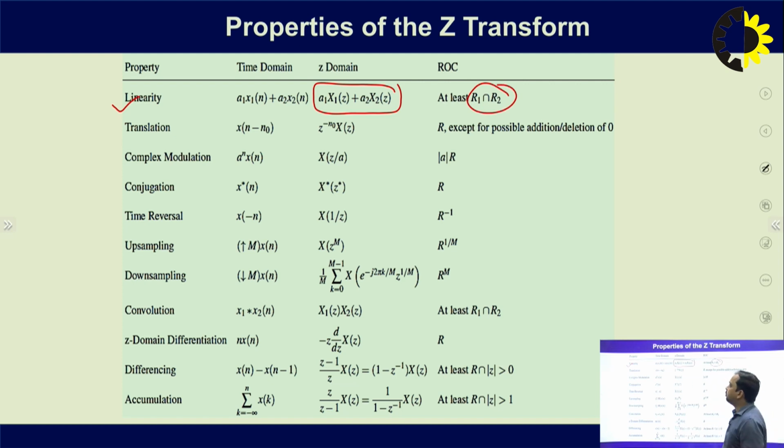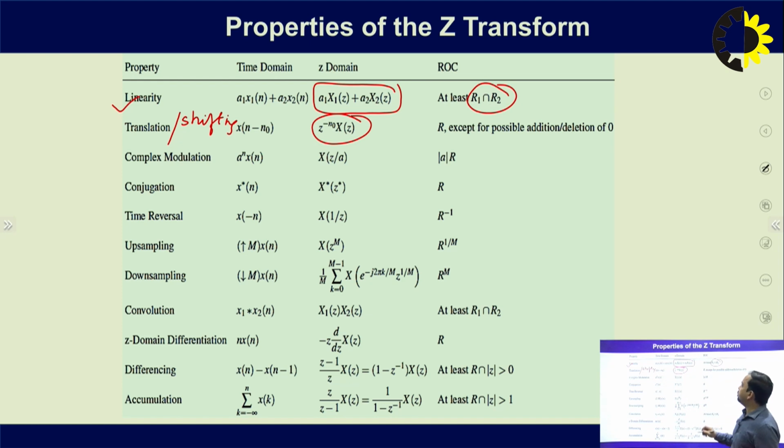Next is the translation property, or shifting in the time domain. For x[n minus n naught], the property is z raised to power minus n naught multiplied by X(z). Similarly, we can have x[n plus n naught], and the property will be z raised to power plus n naught multiplied by X(z). What happens if we have x[n minus n naught]?